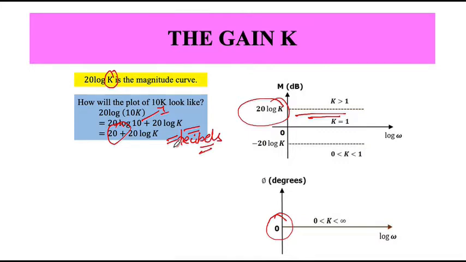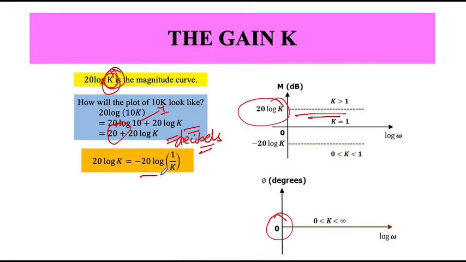Similarly I will have 20, 40. So it will just be gain. We are just adding a constant, so the plot becomes quite straightforward. And lastly, 20 log k is equal to minus 20 log 1 by k.